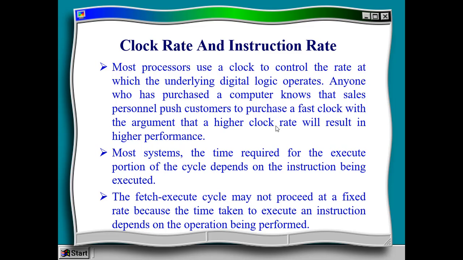I can explain that further. One of the primary questions about a processor concerns speed. How fast does the fetch-execute cycle operate? The answer depends on the processor, the technology used to store a program, and the time required to execute each instruction.